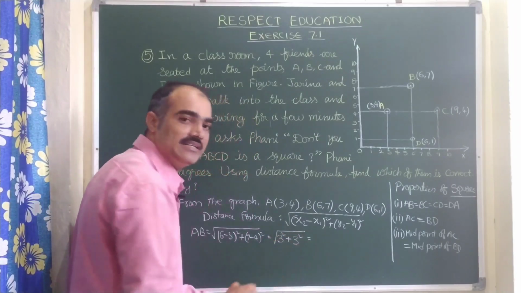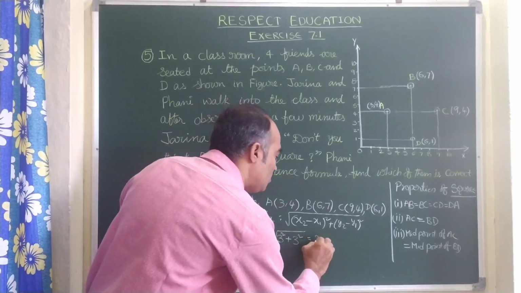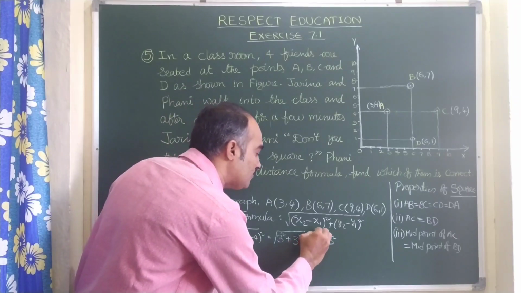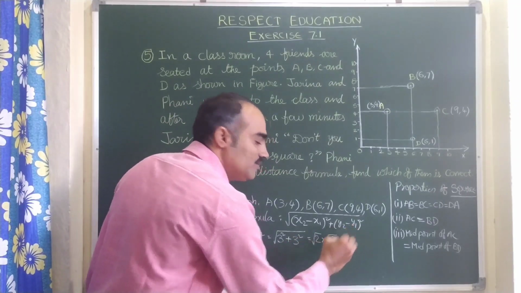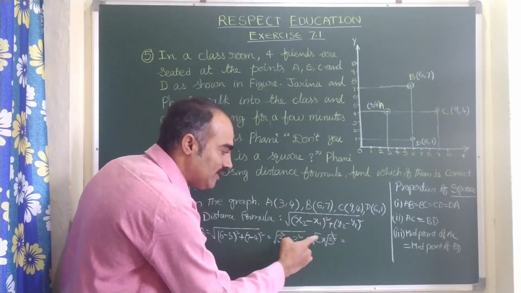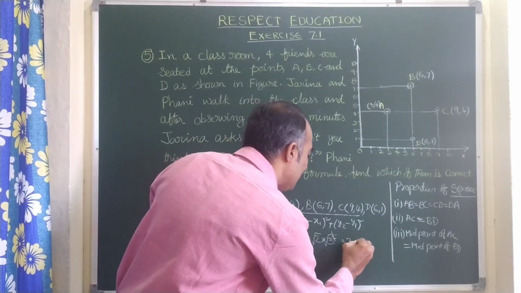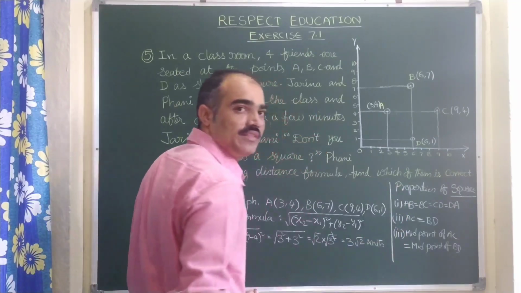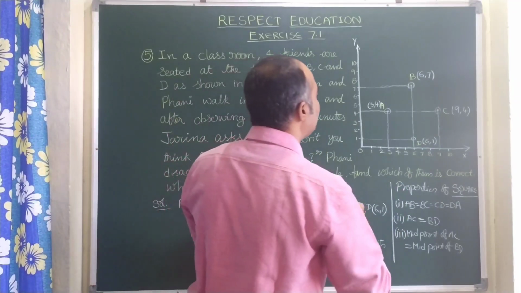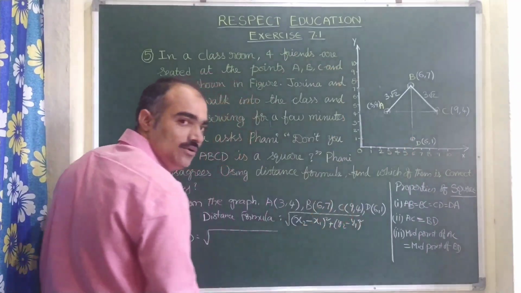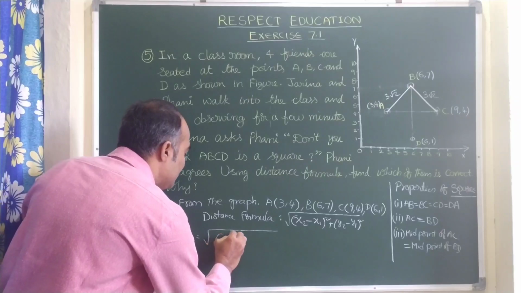Here 3 square is there 2 times, so I am writing 2 times 3 square, and let us split the square root. So square and root get cancelled, 3 comes first, 3 root 2, so AB is 3 root 2 units.